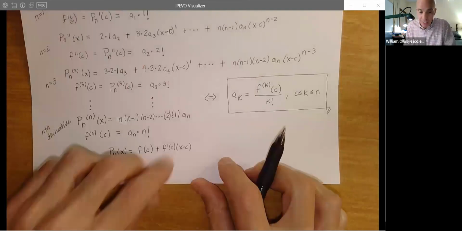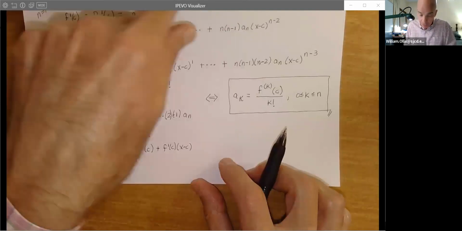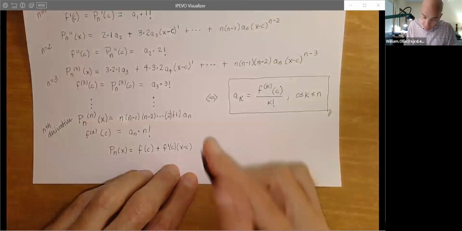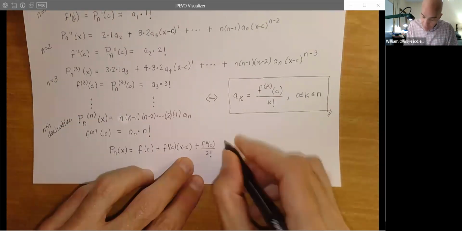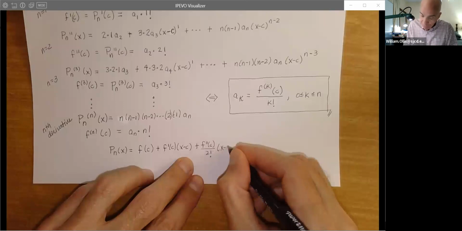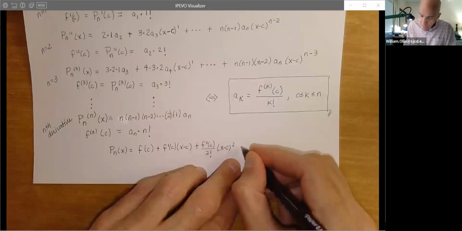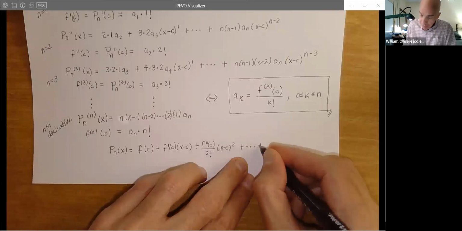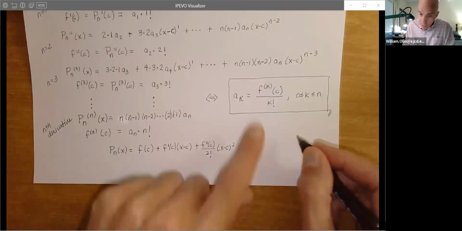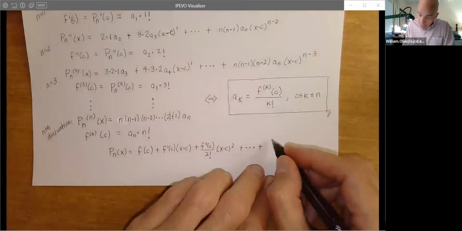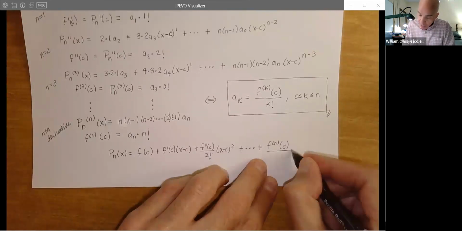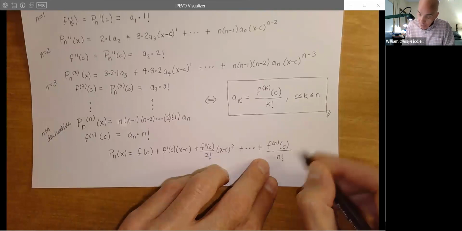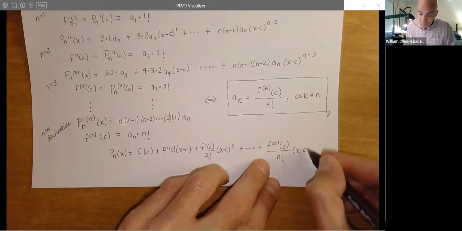So now we're just filling in the a sub 0 up here. And then plus f double prime of c divided by 2 factorial times (x minus c) squared. Now, of course, we'll just bump up to the nth one. And then the very last one here will be the nth derivative evaluated at c divided by n factorial times (x minus c) to the n.